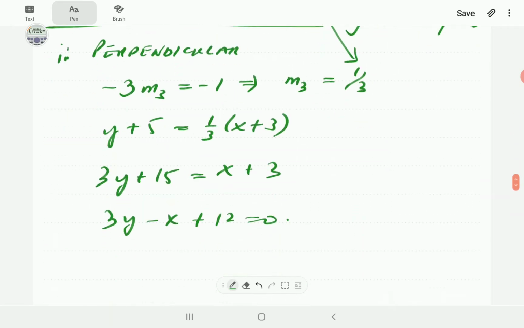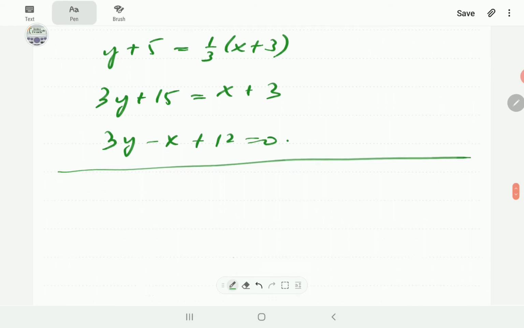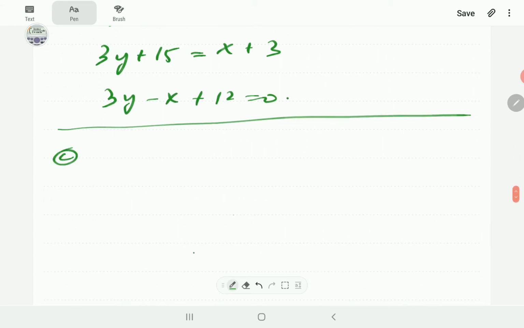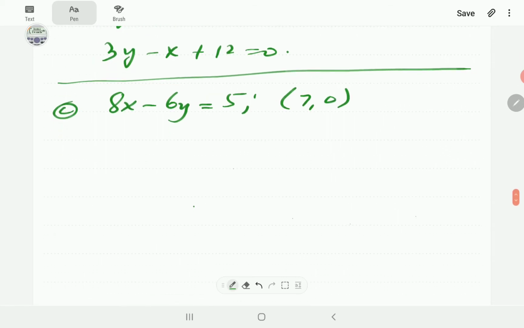In C, we have 8x minus 6y is equal to 5. We are looking for a line that goes through (7, 0).